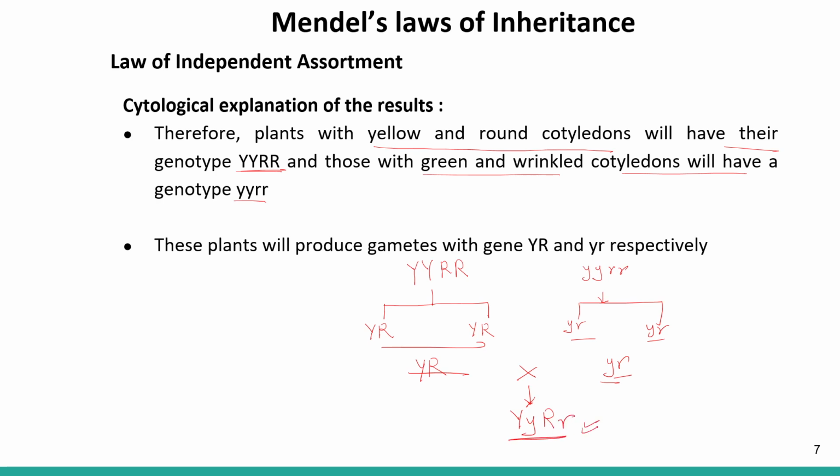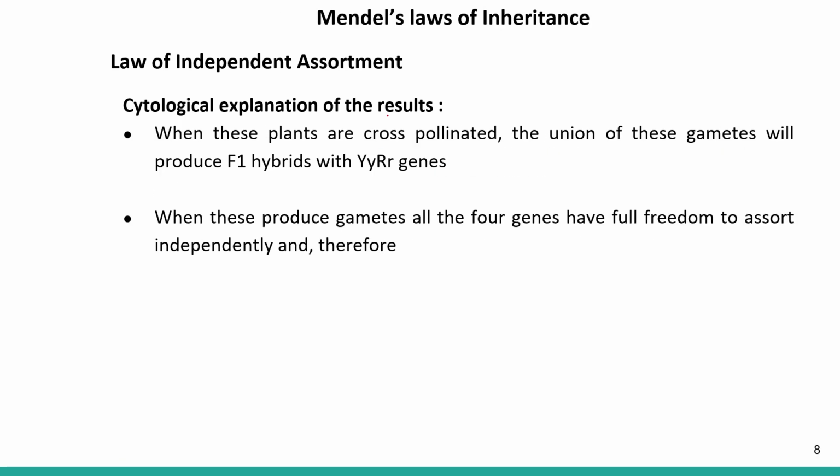When these plants are cross-pollinated, in the F1 generation we will have capital Y, small y, capital R, small r genes.